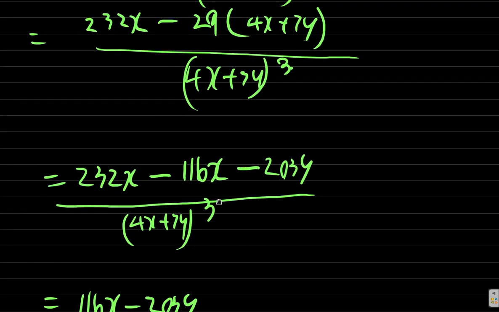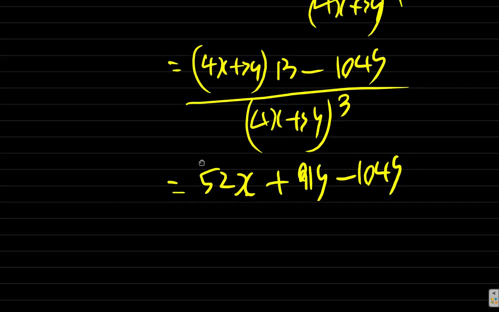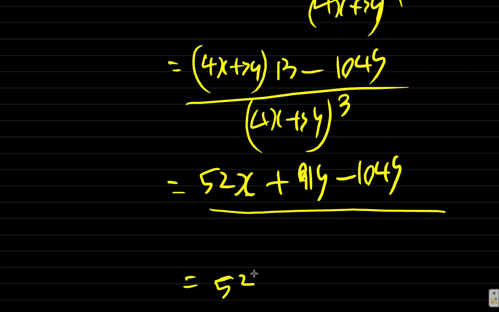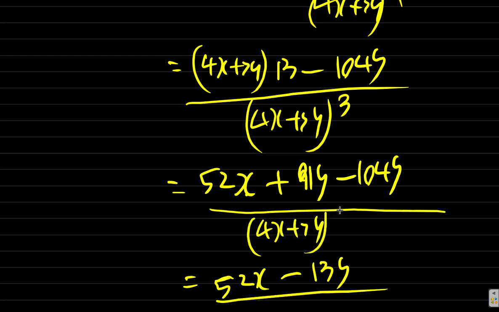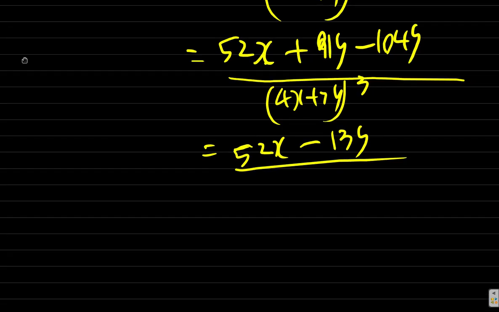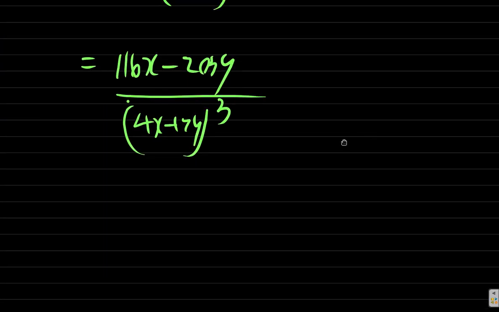We'll have to check back and see where that mistake was made. Over, 91y minus 104y equals negative, 52x minus 13y over (4x + 7y) cubed.